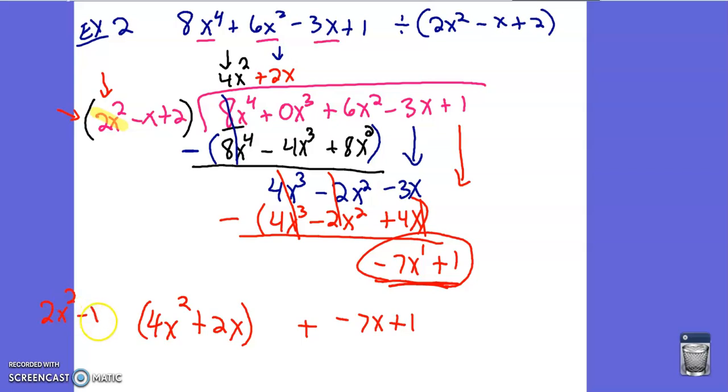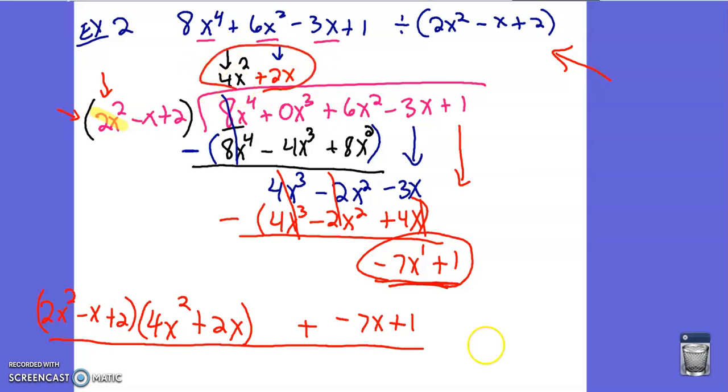So if I rewrote the entire thing, this is what, when I take that blue polynomial divided by the other polynomial at the very beginning, your final answer will look like, because you're dividing the polynomials, and what's left over is you have the quotient and then the remainder over to the side.